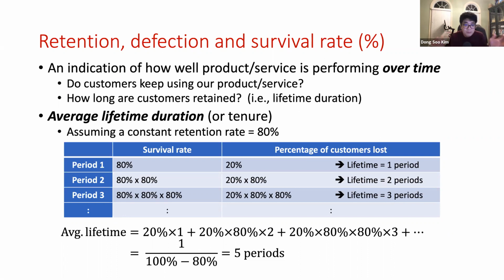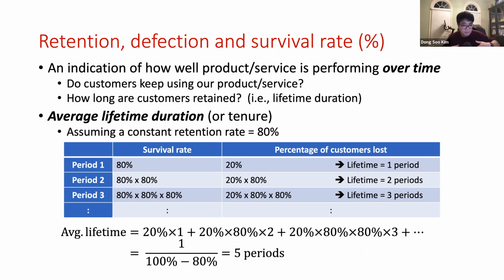And one more time period later, 80% of customers who were alive at the beginning of the period are still alive. That is 80% of 80% of initially acquired customers. And the rest, 20% of 80%, left during this time period. Those customers who left in this period used the product or service for 2 time periods, right?